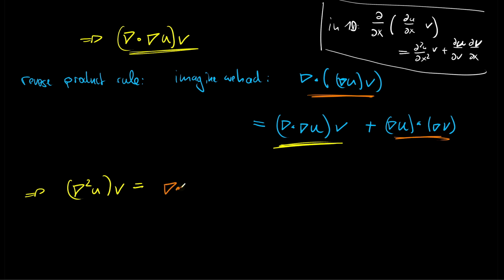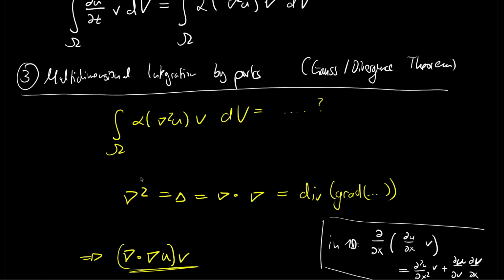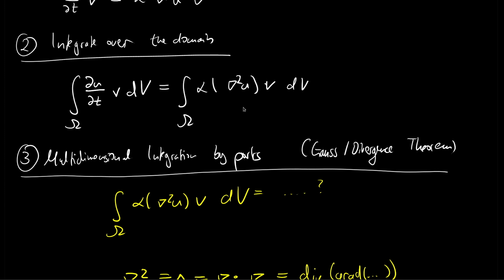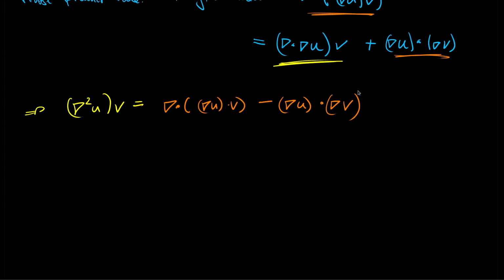So first, the divergence of the gradient of u multiplied with v, minus the gradient of u dot product with the gradient of v, of course. Sorry, so this is v here. Okay, why did we do that? Because now we can replace this term in our integral with this one here.